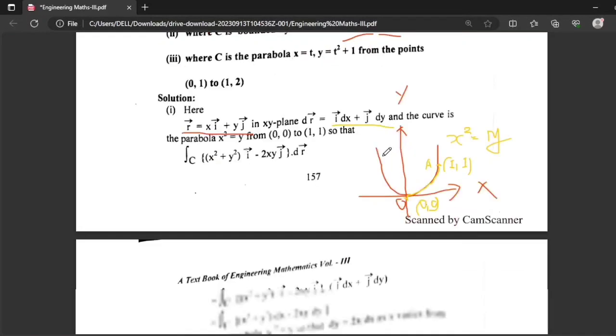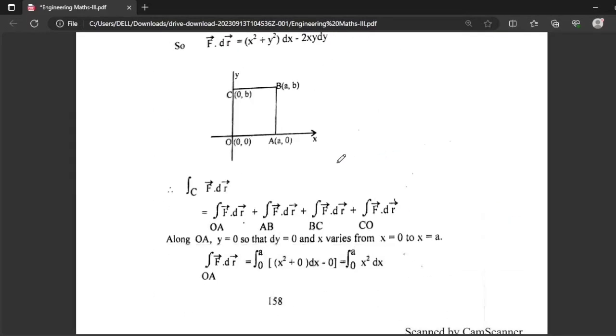This is the y-axis, so y equals 0 is this, and this line is y equals b, this distance being b, and this distance being a.